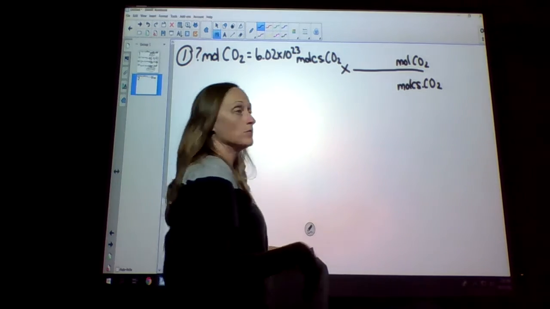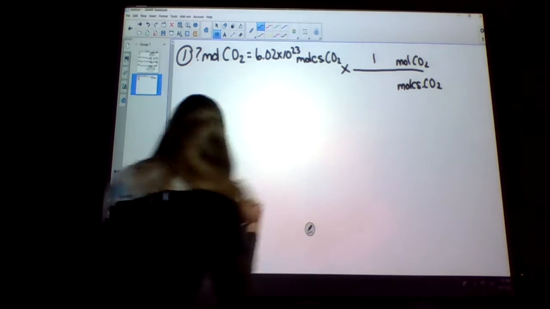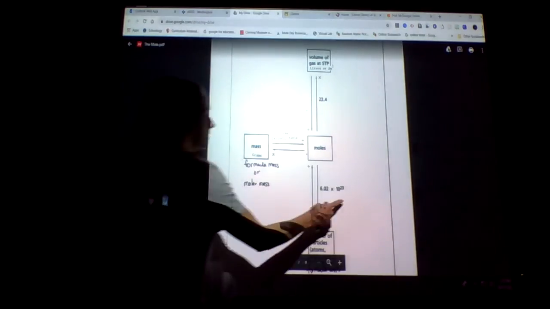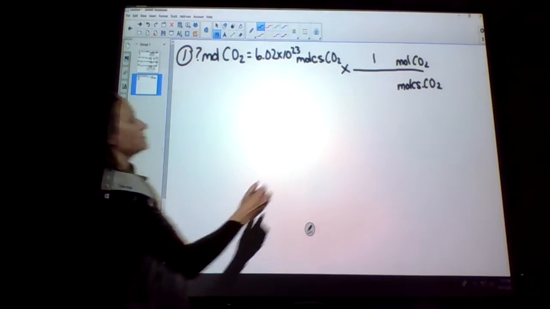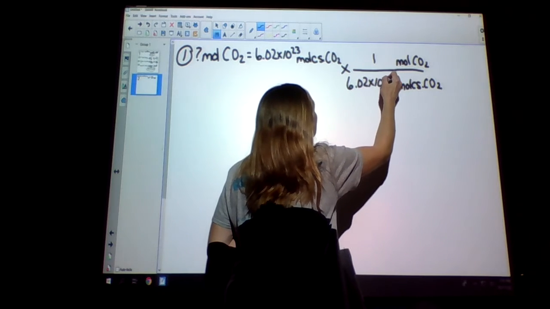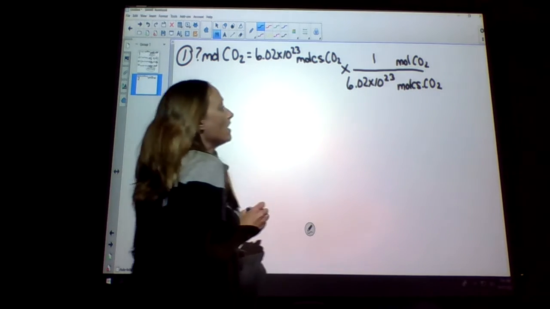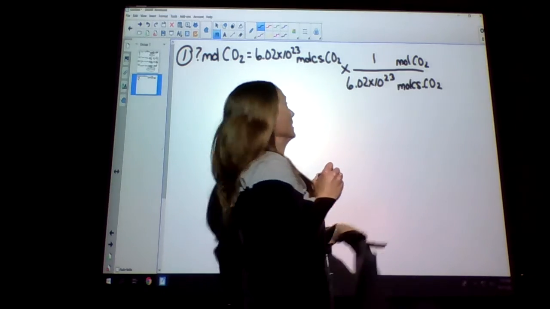And just like our element 1, it's still 1 mole. And in our mole diagram, we're using our 6.02 times 10 to the 23rd. Molecules will then cancel out and you're left with moles.